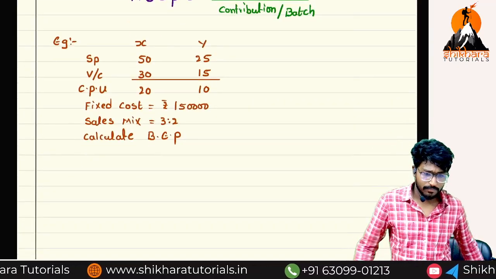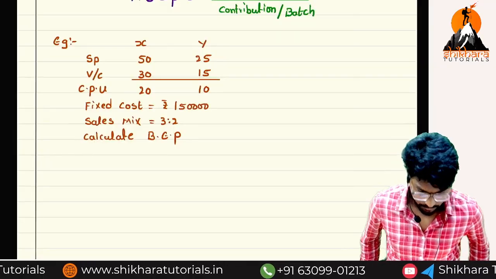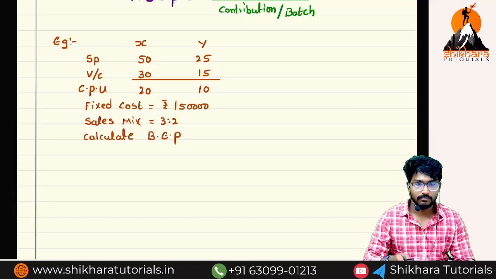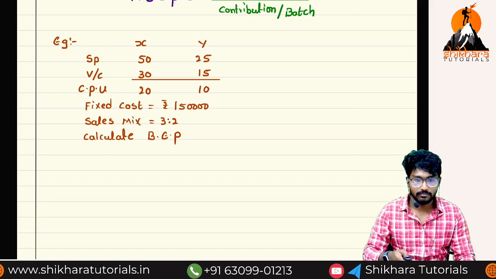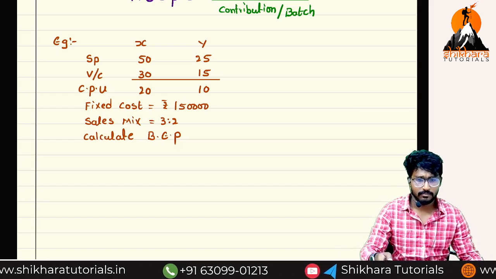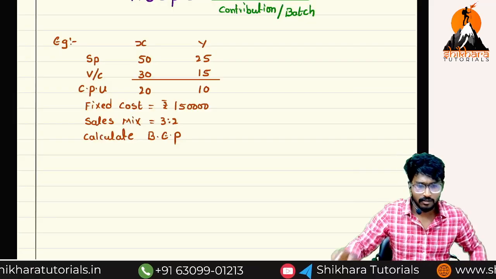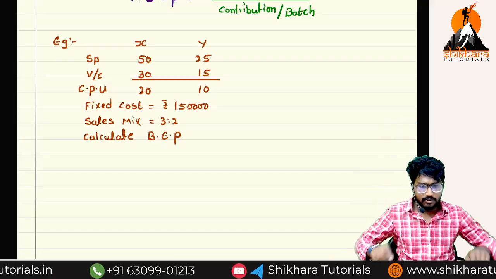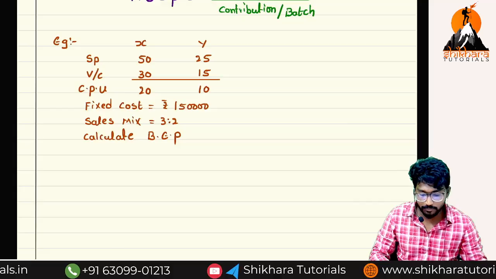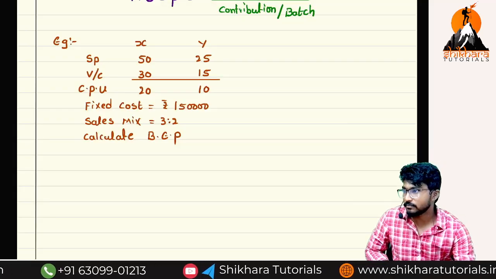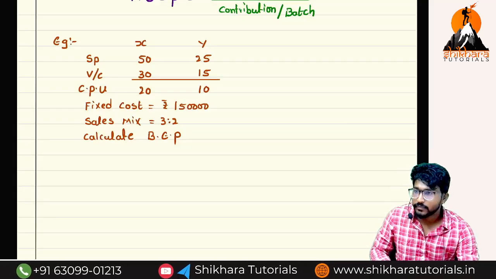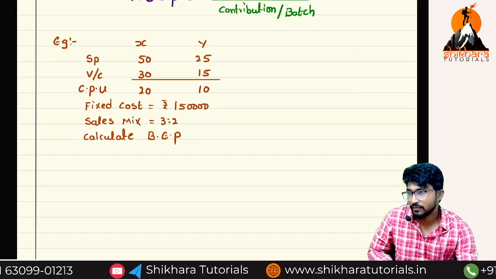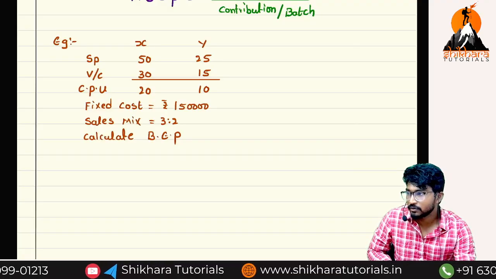Read the example. We have two products, X and Y. Selling price of X is 500, selling price of Y is 25.